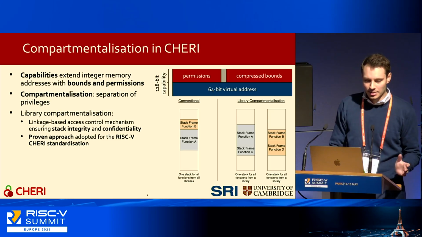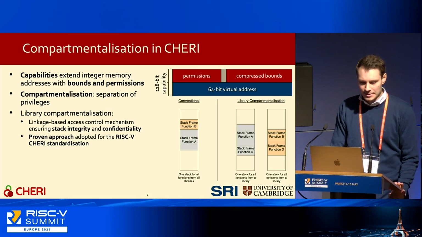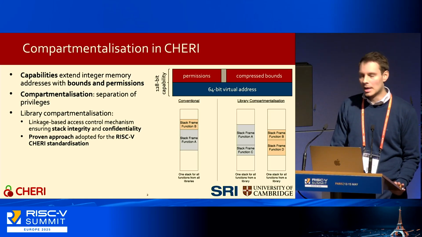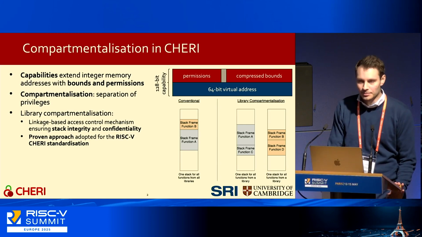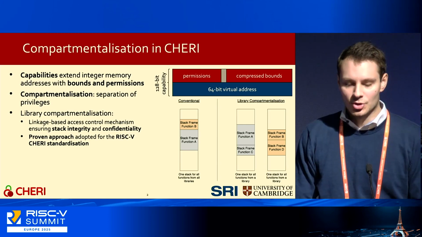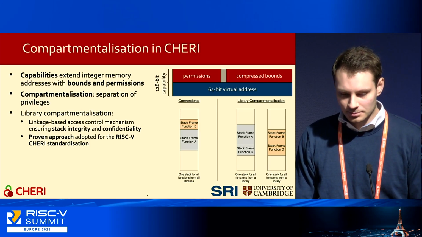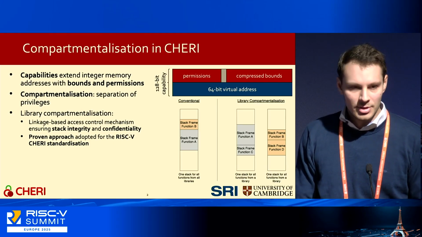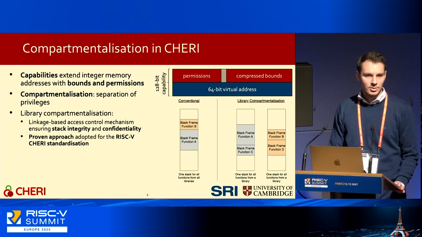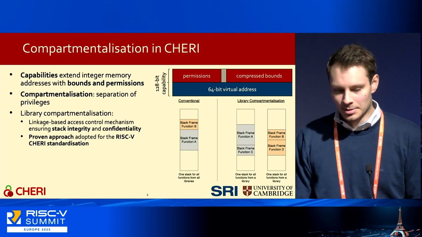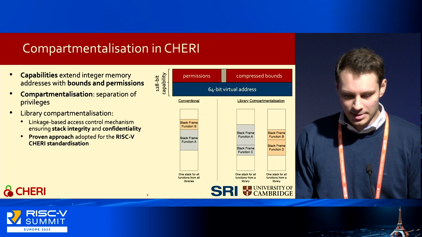So we're looking at user libraries. So this is a linkage-based access mechanism. What it does is that it ensures stack integrity and confidentiality. So libraries or dynamic shared objects are the unit of isolation in library-based compartmentalisation.